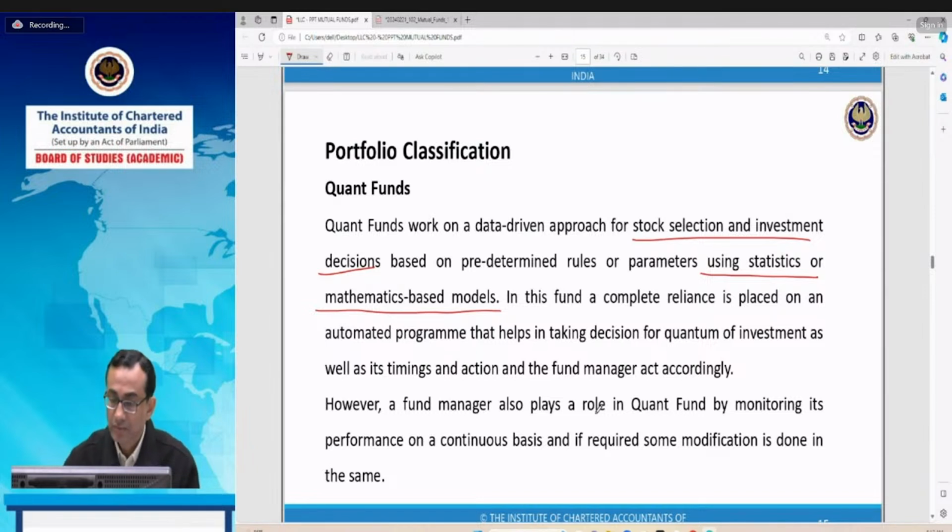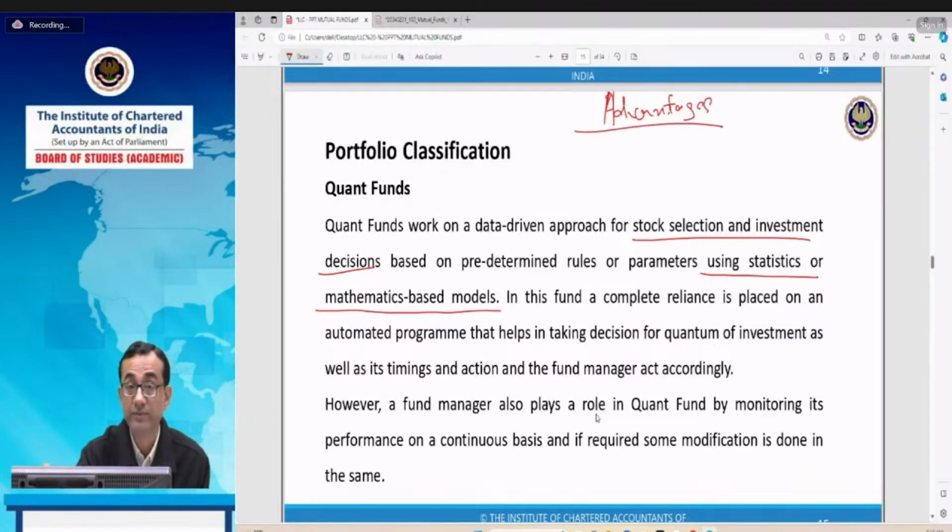Okay, and now what are the advantages of investing in a quant fund? The first advantage is that it removes human bias.